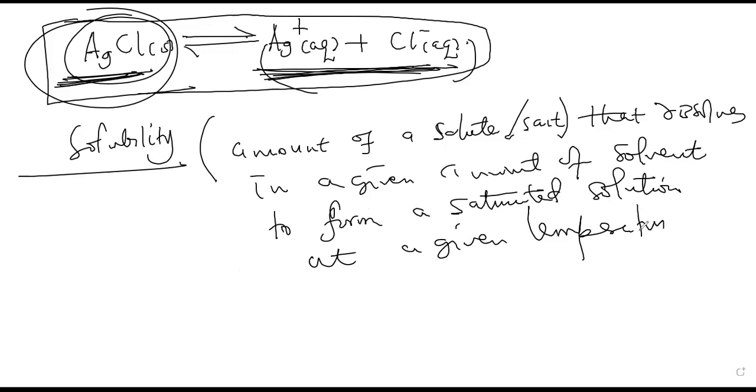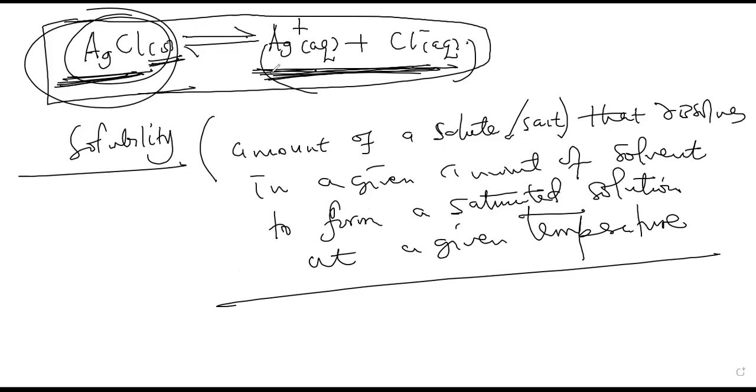So basically, just to know the type of salts we are dealing with, sparingly soluble salts, and to know what solubility is all about: when that salt, which is sparingly soluble, dissolves in water, it establishes an equilibrium between its ions and a solid substance. That is it about solubility.